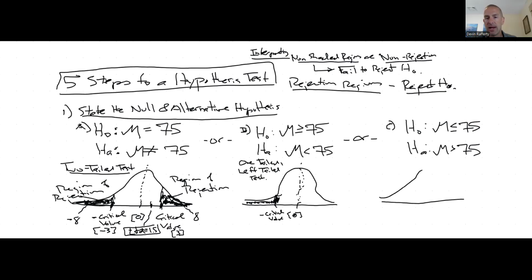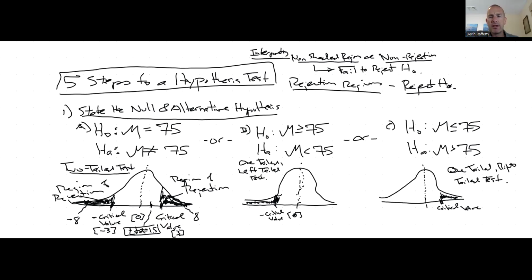for case C, we have a one-tailed, right-tailed test with a positive critical value.